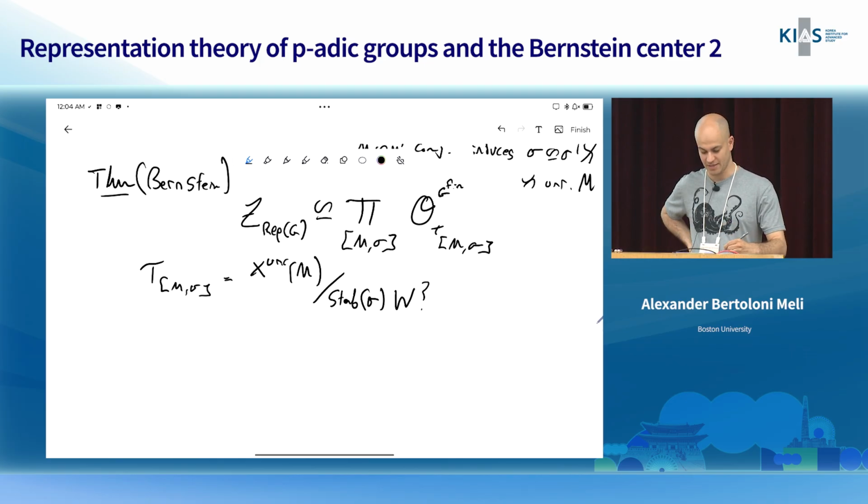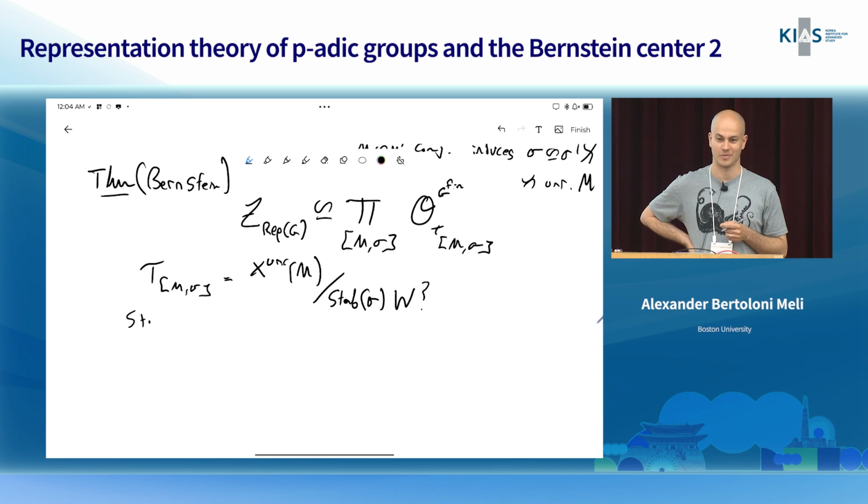So I wanted to say a little bit about this Stab sigma, at least. First of all, W is some Weyl group action that David Helm has told us about. You look at those elements of the normalizer of M mod M that conjugate sigma to an unramified twist of sigma, and that acts on this torus of unramified twists.